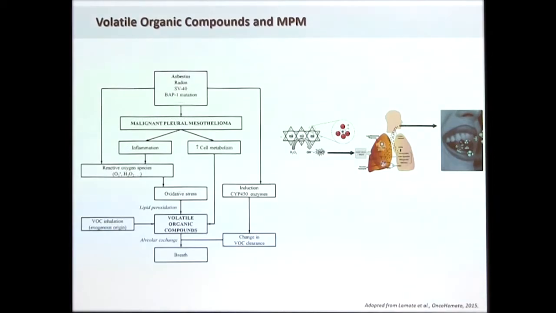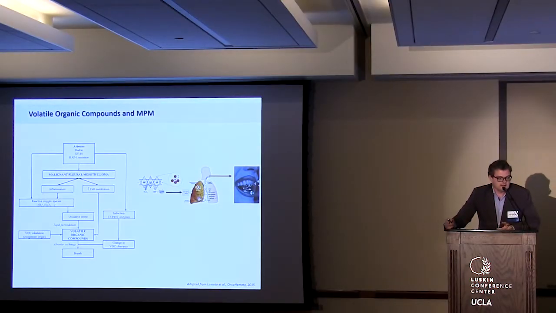It will attack the mesothelial wall, releasing volatile organic compounds due to the lipid peroxidation of the cell membranes at the mesothelium. This pool of volatile compounds can be exchanged through the blood-breath exchange and released in breath. So with an exhalation, we can have biomarkers in breath correlated with the exposure to asbestos and malignant pleural mesothelioma.